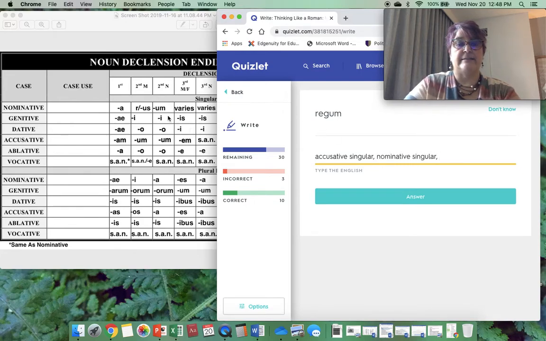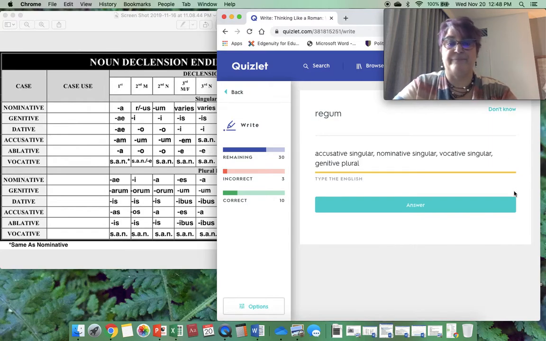If it's nominative singular, then it's also same as the nominative, so vocative singular. And I also see UM down here at the genitive plural, so I write genitive plural. And now I click answer because I have all of the UMs written right here on my answer line.